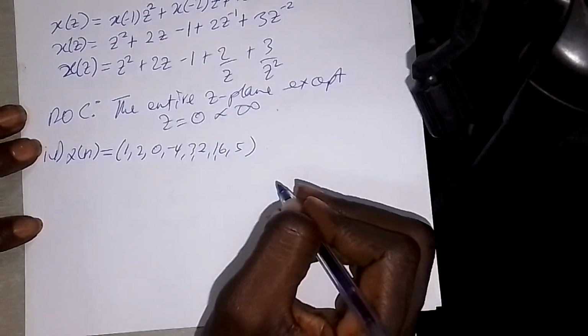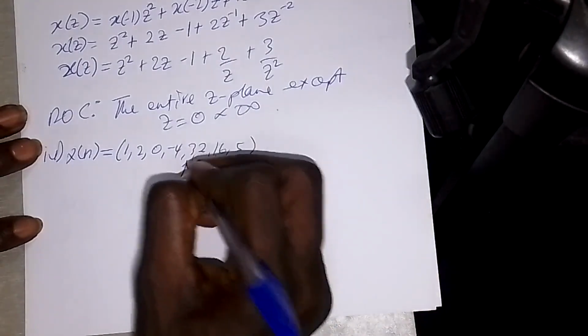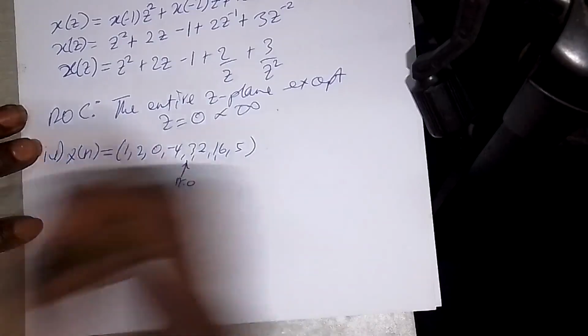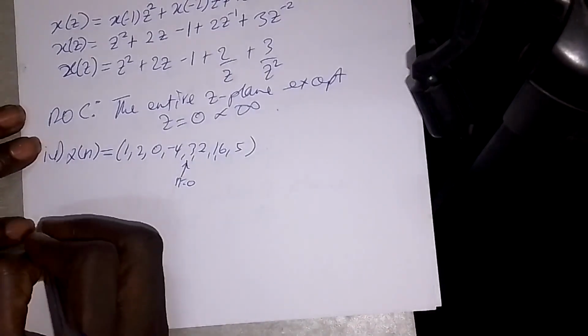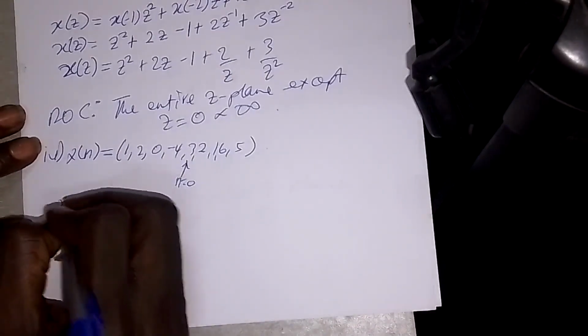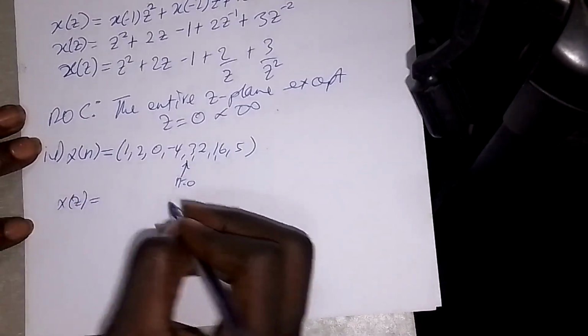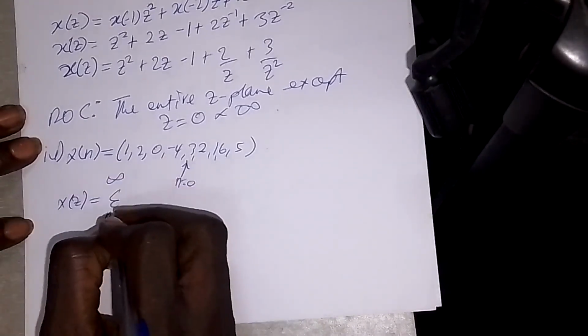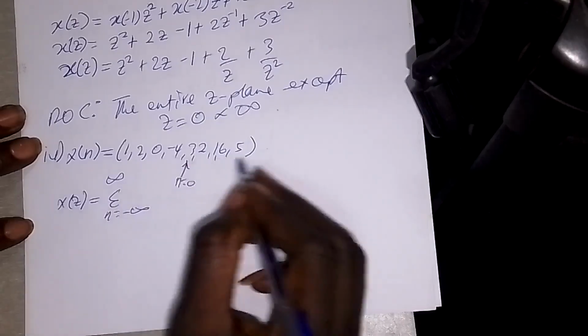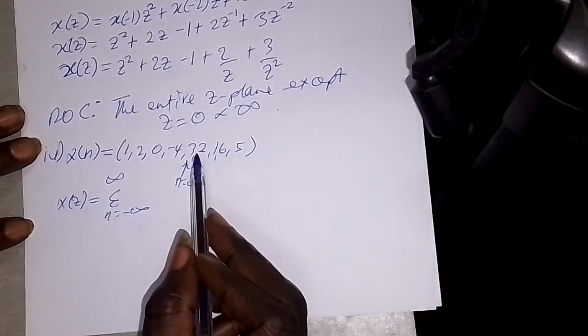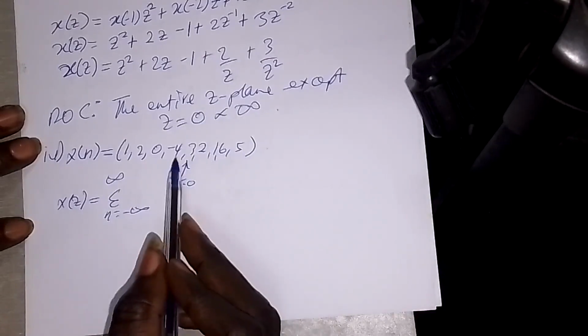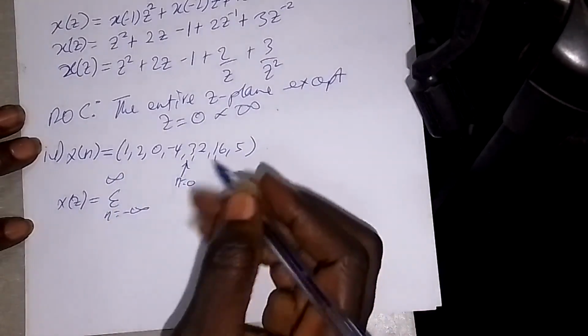These are the sequence, and our arrow is on the 3 here, where n is equal to 0. So our x of z is equal to the summation from n equals minus infinity to infinity. This is a two-sided sequence, because some of the sequence is on the right of the 0 and others are also on the left of the 0. So it's a two-sided sequence.